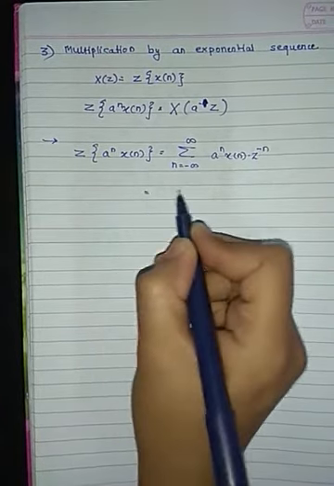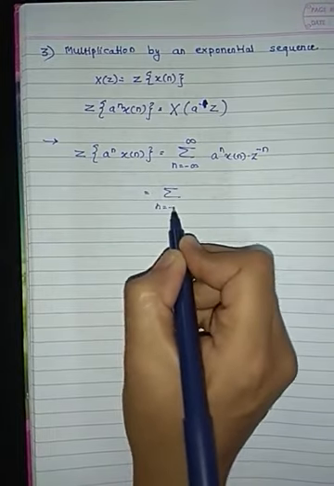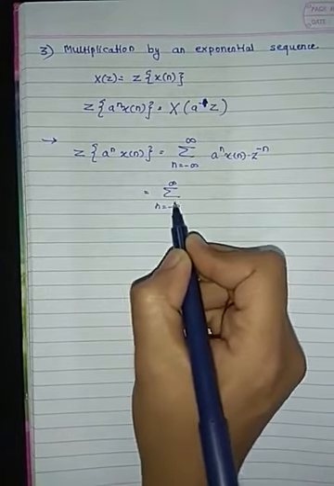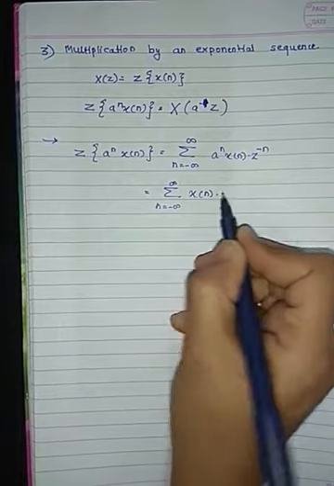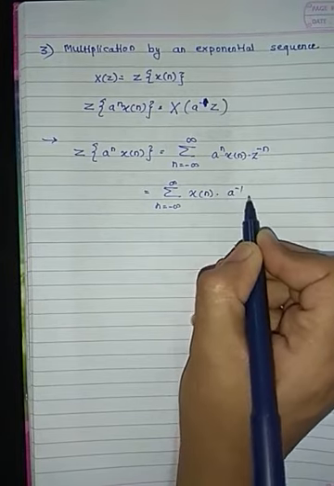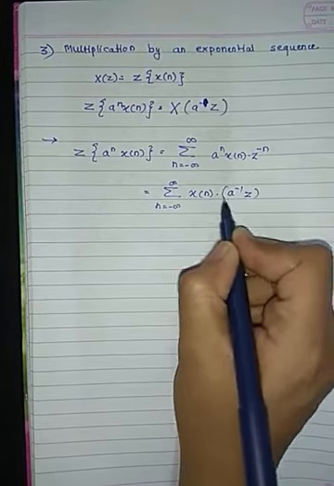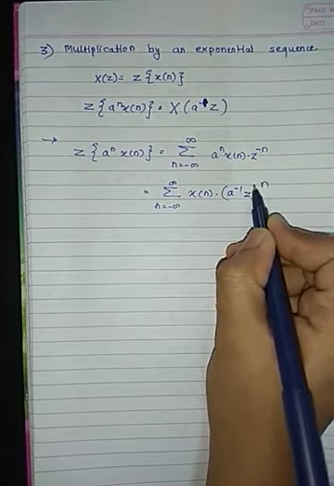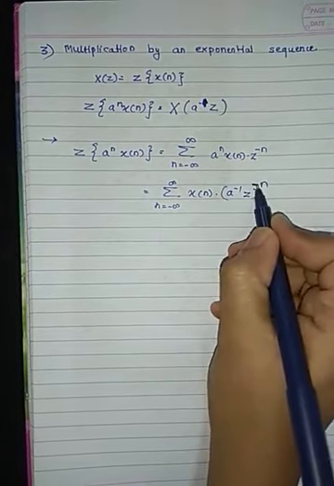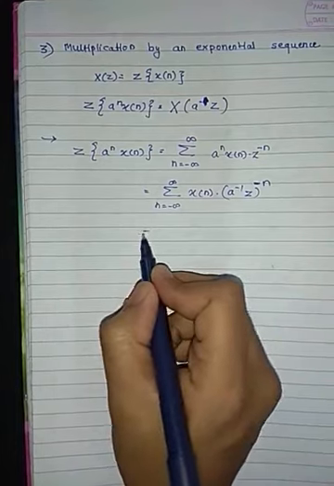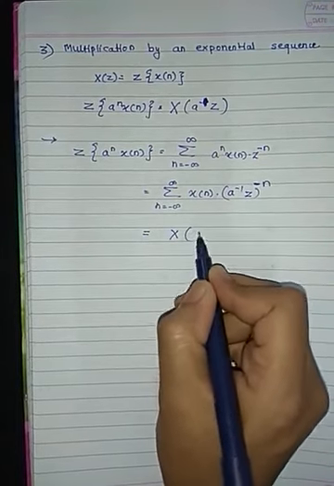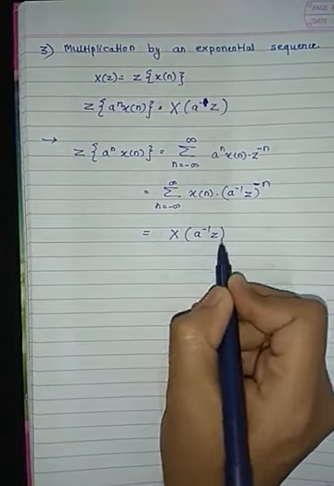Simplifying this, we have summation from n equal to minus infinity to plus infinity of x of n multiplied by (a raised to minus 1 into z) raised to minus n. So here it will be X of a raised to minus 1 into z.